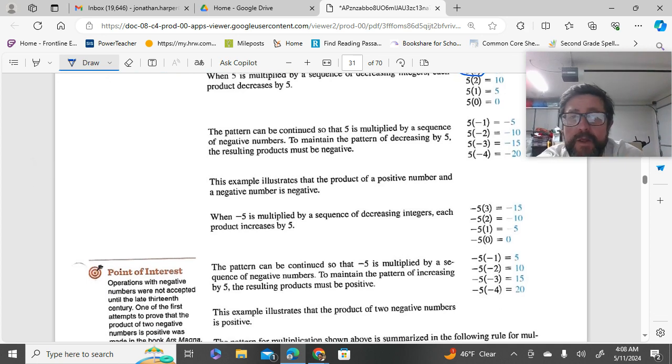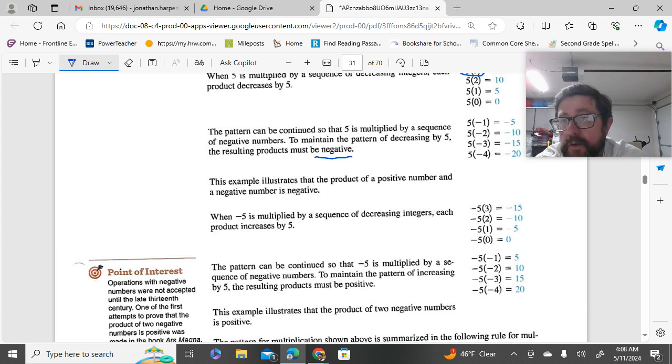The pattern can be continued so that 5 is multiplied by a sequence of negative numbers to maintain the pattern of decreasing by 5. The resulting products must be negative. So what's less than 0? Well, -1.